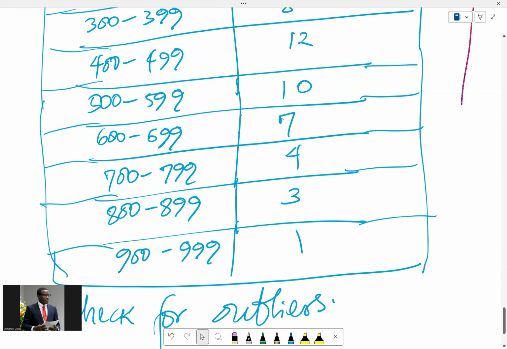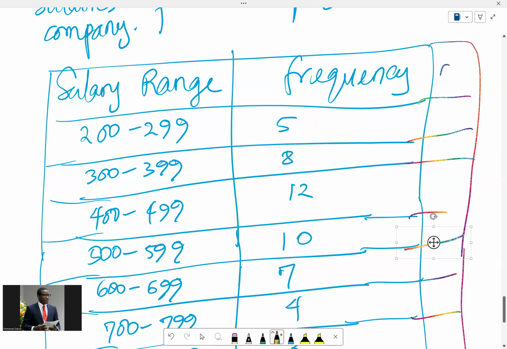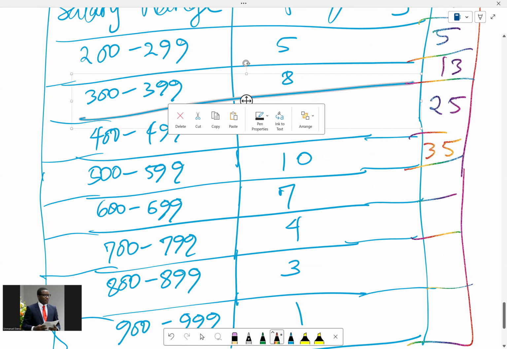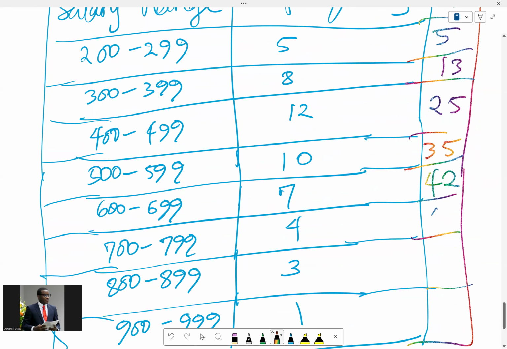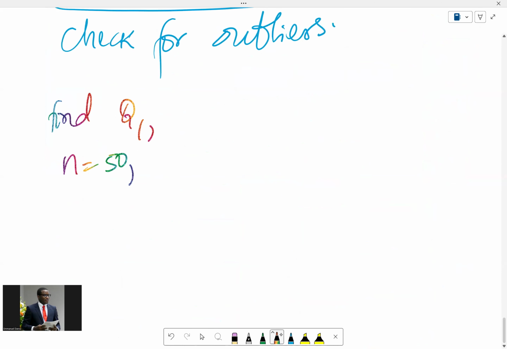So this is the cumulative frequency. So this is 5 here. Then 5 plus 8, 13, 13 plus 12, 25, 25 plus 10, 35, 35 plus 7 is 42, 42 plus 4 is 46, 46 plus 3 is 49, 49 plus 1 is 50, as expected. So it means n is 50.